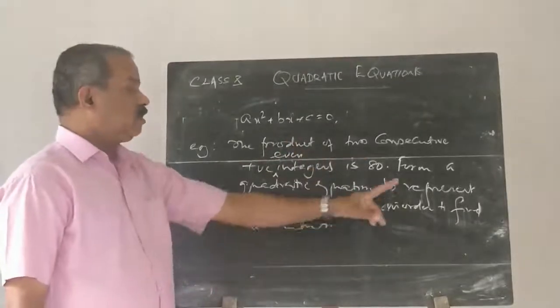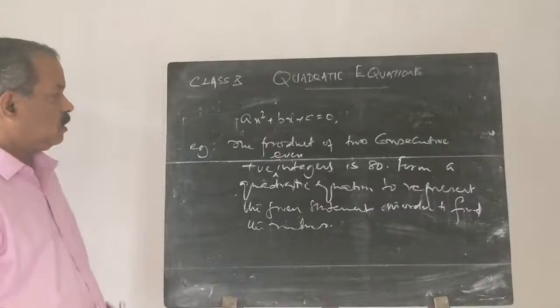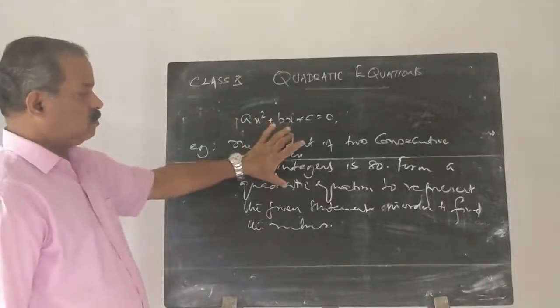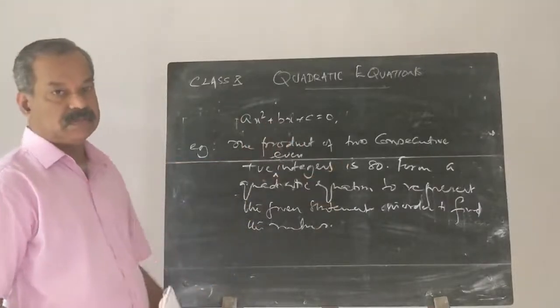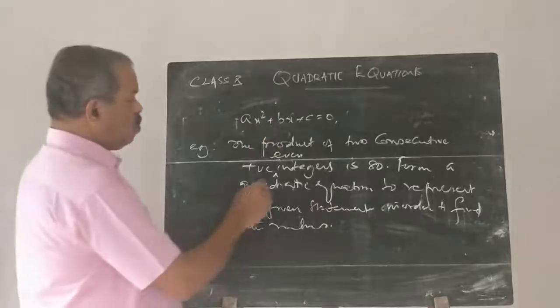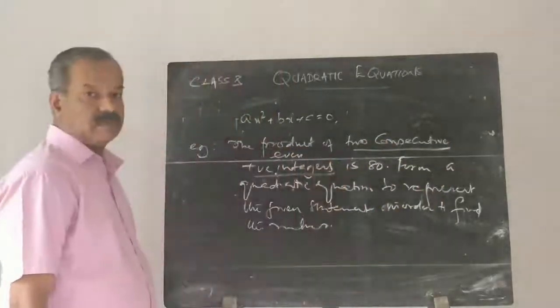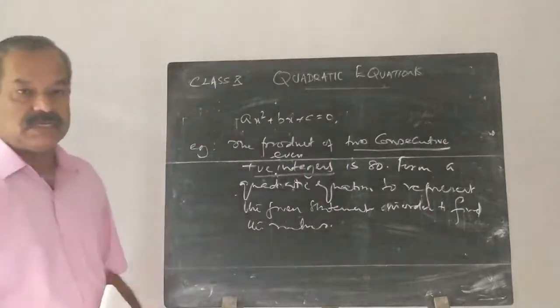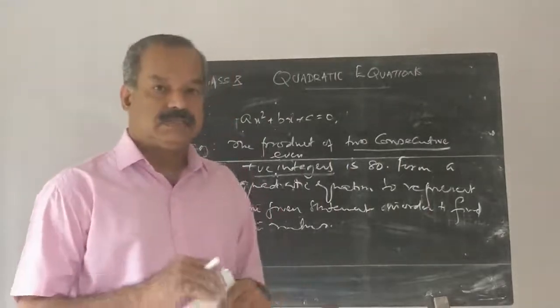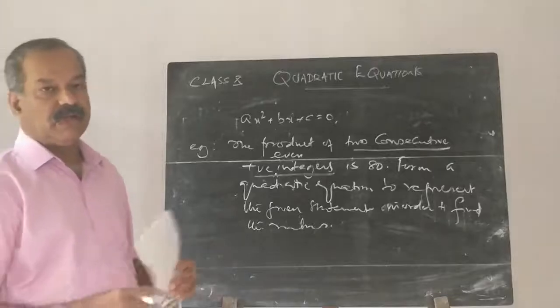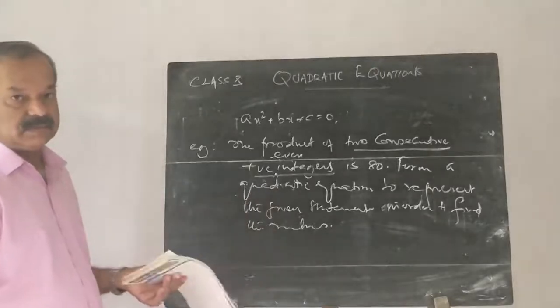Form a quadratic equation to represent this statement, so that we can find the numbers. Two consecutive positive integers. What is the first integer? It is unknown, so we have to represent it by x.